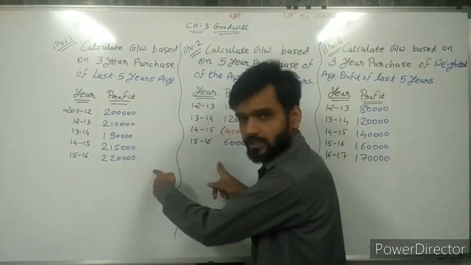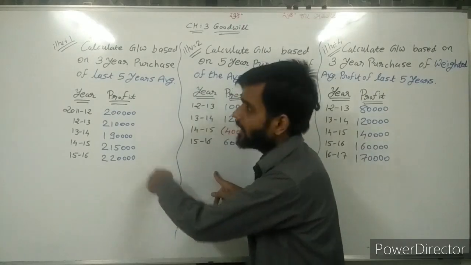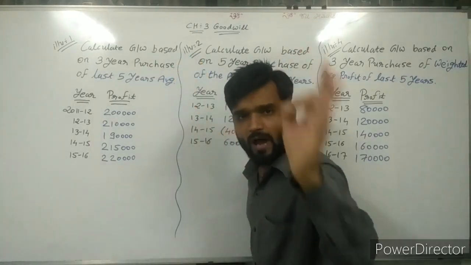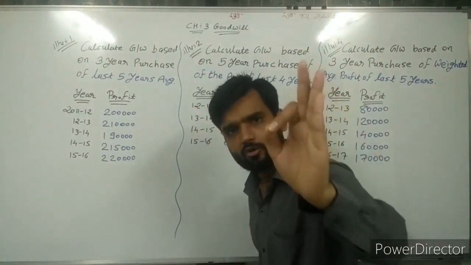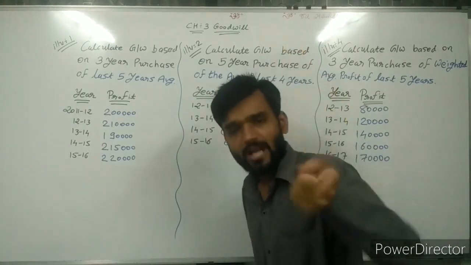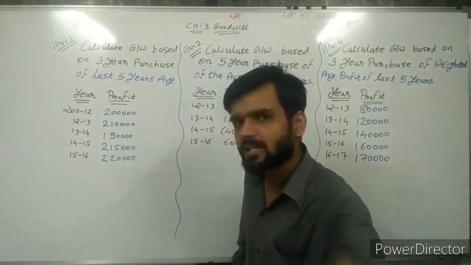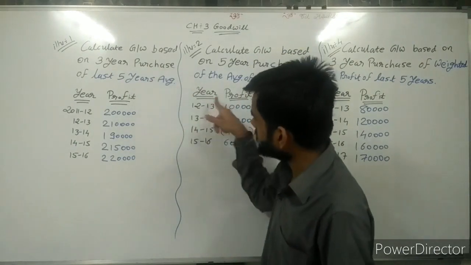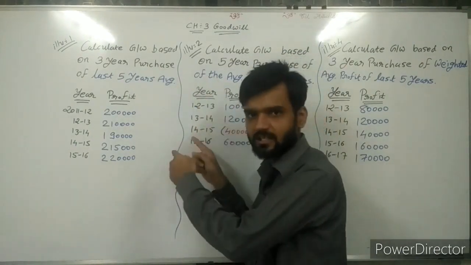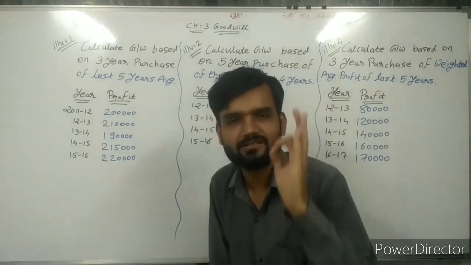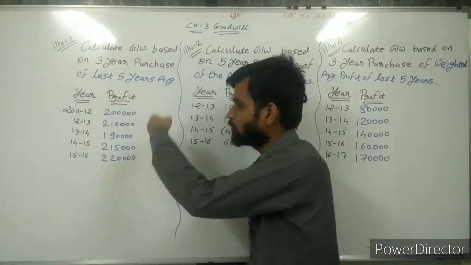Suppose in these situations the information is given: find the weighted average profit, find goodwill on the basis of the weighted average method. Then you have to give weight.